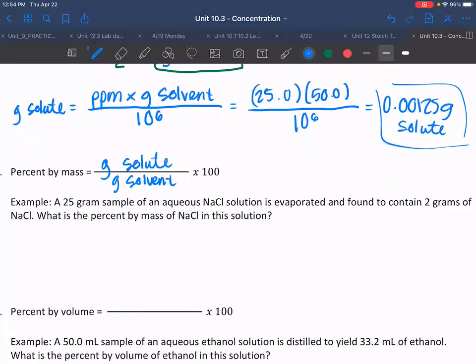So reading this problem here, it's just saying we have a 25-gram sample of a sodium chloride solution. We evaporate it, it has 2 grams of sodium chloride. What's the percent by mass of sodium chloride in the solution? That is as simple as 2 grams over 25 grams times 100. This gives us 8%. So this is 8% sodium chloride by mass.